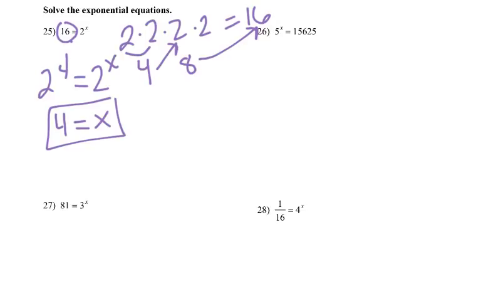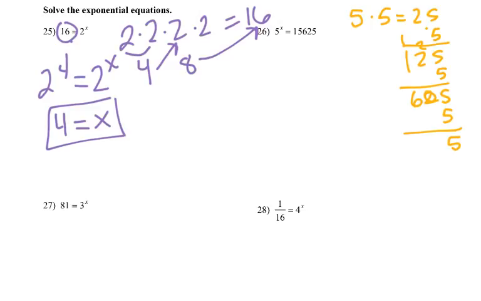Okay? So 26, we do the same thing. 5 to the x equals 15,625. So I start, 5 times 5 is 25. Times that by 5, 125, times that by 5, we get 625, times that by 5, we get 3125, times that by 5, and using a calculator helps out with this a lot.